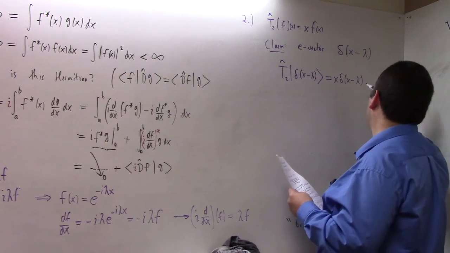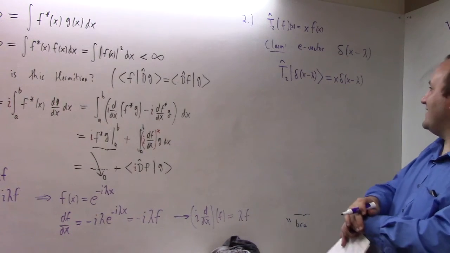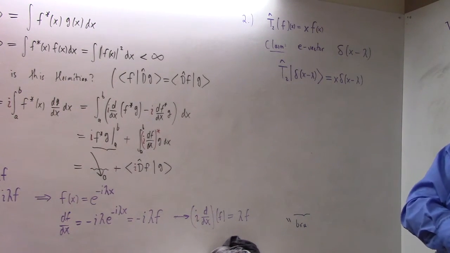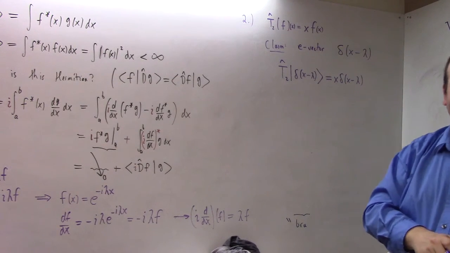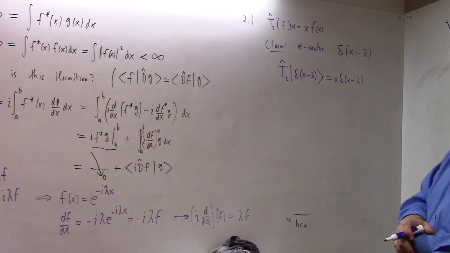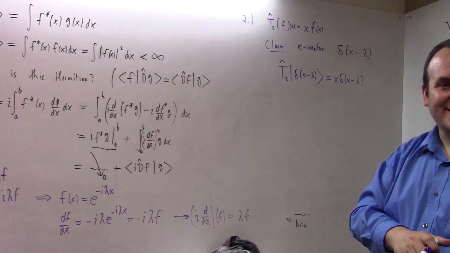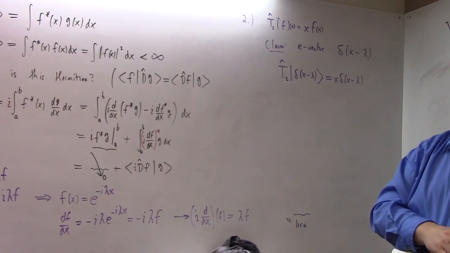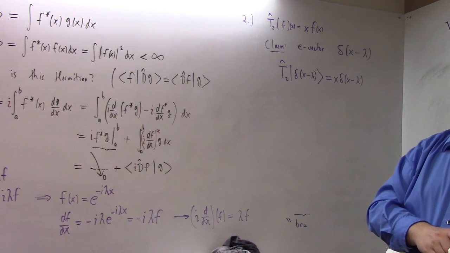But if you think about that, how does that work? Think case-wise. If x is not equal to lambda, it's 0. If x is equal to lambda, it's non-zero, so it's just going to be x.